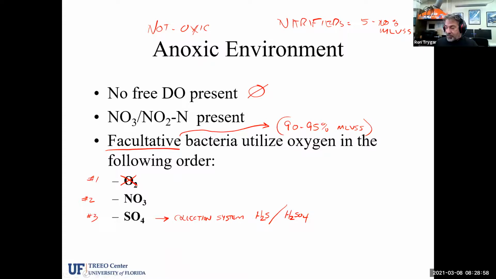Some chemicals on the market actually provide a form of nitrate that is injected in the collection system, and the bacteria then say, okay, well, I'll use the oxygen off the nitrate and I won't bother to make hydrogen sulfide. So a chemical with nitrate on it could actually inhibit the odor production in the collection system because we're providing them a form of bound oxygen.